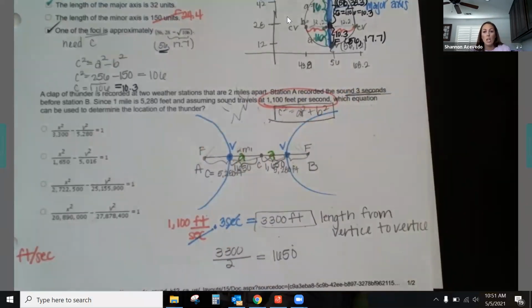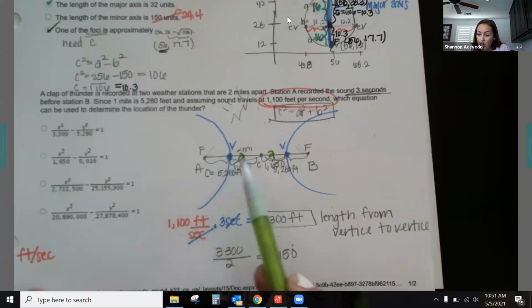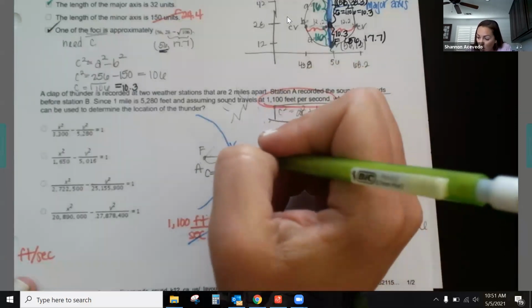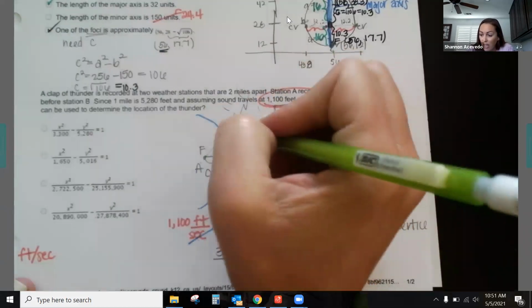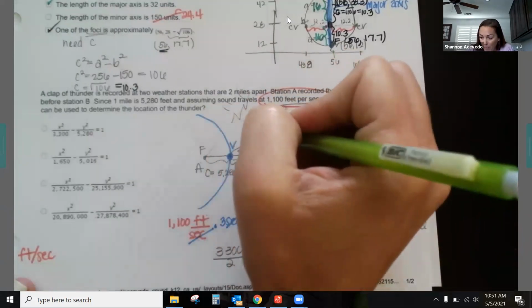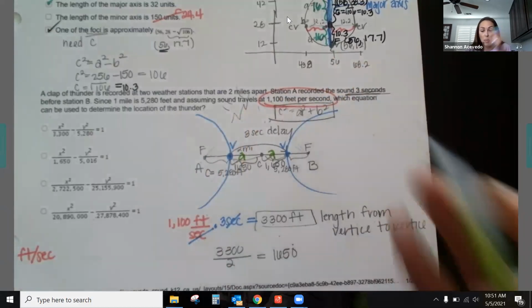So how do I know that that's going to be the case? What this is figuring out is that there's a 3 second difference before it's going to get over here. If I hear it here, I have a delay of 3 seconds from here until I get to here. That's that 3 second delay that we hear.